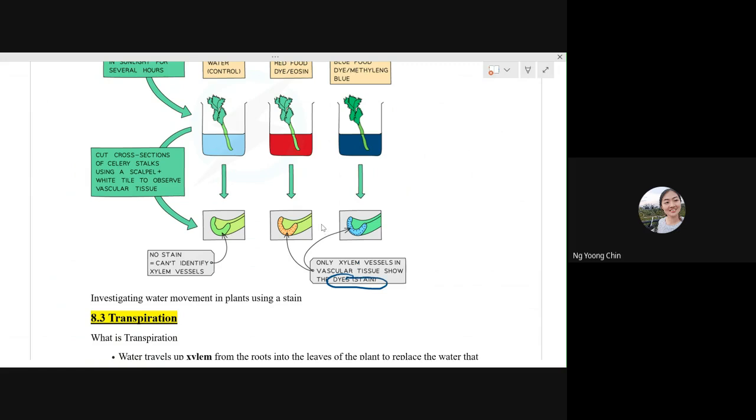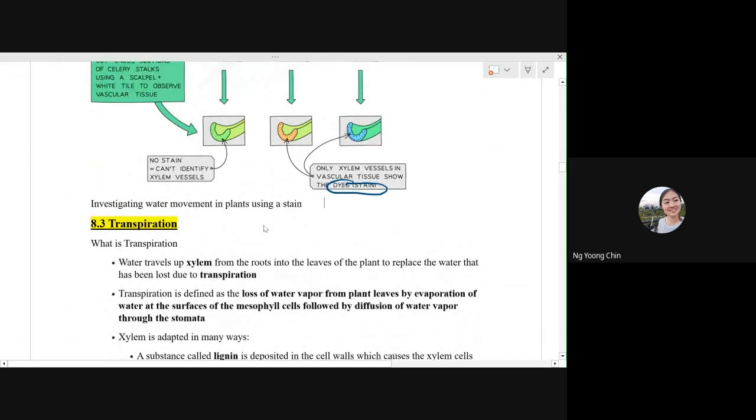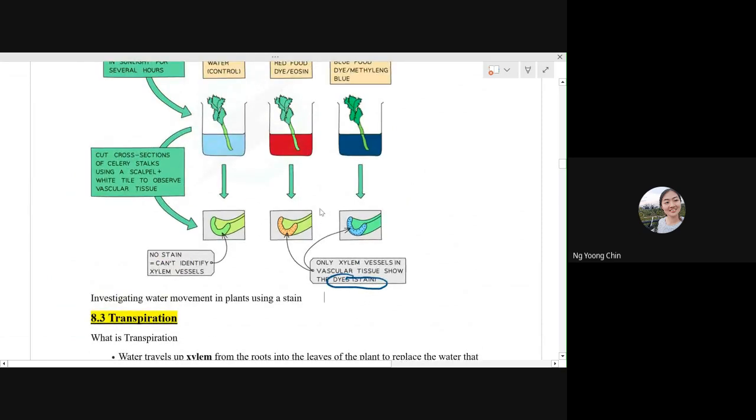This means that the water molecules are being transported within the xylem vessel only, not other structures like the phloem. So they confirm that the water movement is found in the xylem only. Okay, so this is the point.